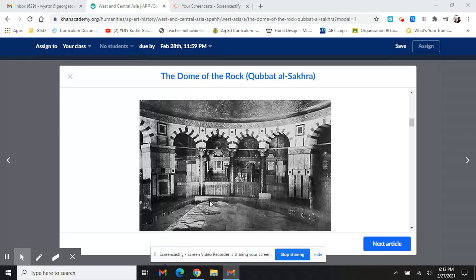The other part with the Islamic is that they think that this commemorates the night journey of Muhammad. So what happened was the angel Gabriel comes down to Muhammad, who is sleeping near the Kaaba in Mecca, and he takes him to Jerusalem. And from the rock, Muhammad journeys into heaven where he meets other prophets.